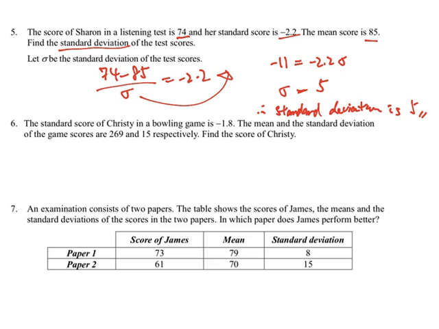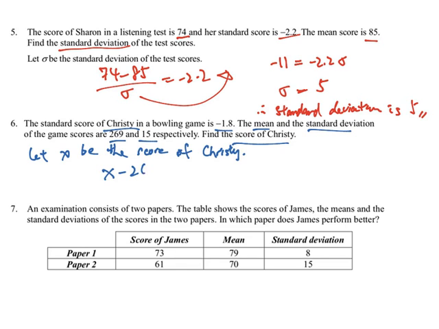Question 6. The standard score of Christie is negative 1.8, and we know the mean and SD, but we don't know the score of Christie, so let x be the score of Christie. So x minus the mean 269, over 15, the SD, equals the standard score negative 1.8.